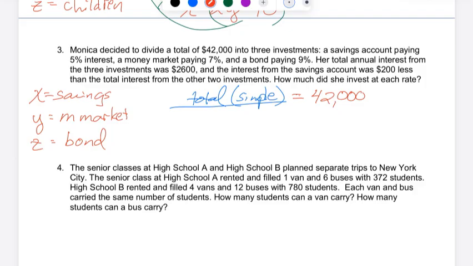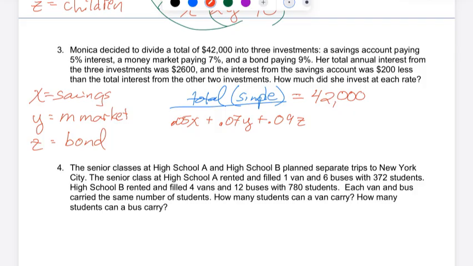Now, most students understand that the percentages are going to match with each fund. So 5% times x, or 0.05x, 7% times y, which is 0.07y, and then 9% of z, 0.09z. So I'm multiplying the percentages times the actual amounts.